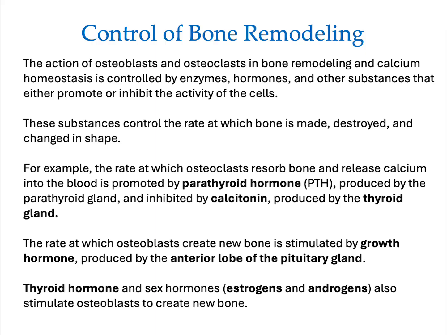For example, the rate at which osteoclasts resorb bone and release calcium into the blood is promoted by parathyroid hormone, produced by the parathyroid gland, and inhibited by calcitonin, produced by the thyroid gland. The rate at which osteoblasts create new bone is stimulated by growth hormone, produced by the anterior lobe of the pituitary gland. Thyroid hormone and sex hormones, estrogens and androgens, also stimulate osteoblasts to create new bone.